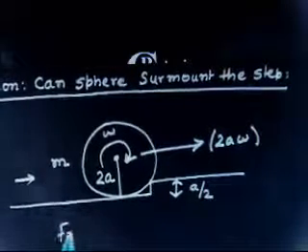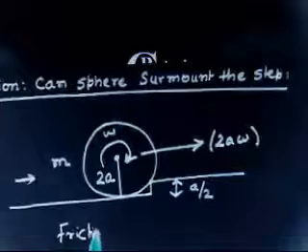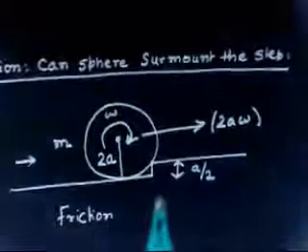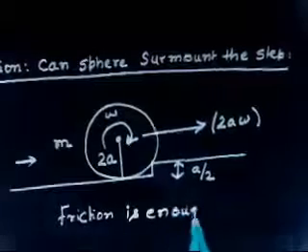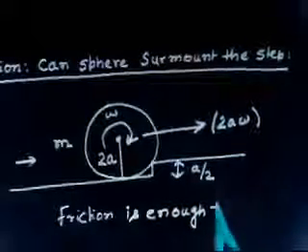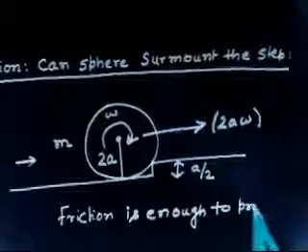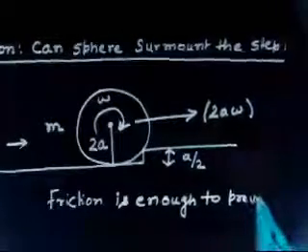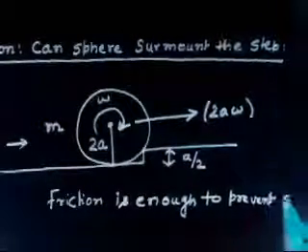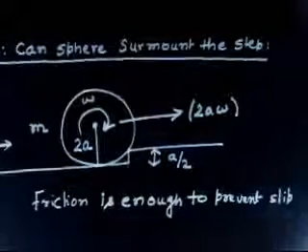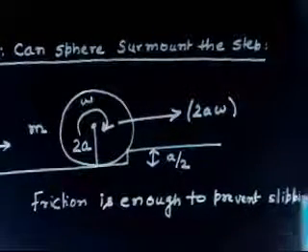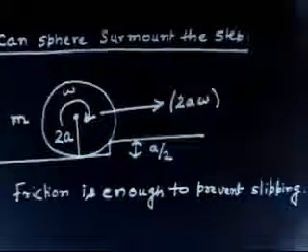So let us write: friction is enough to prevent slipping, so there is no slipping. So this means after this step collision, it still remains in pure rolling. You get it?